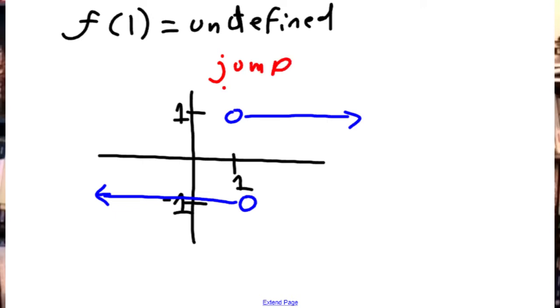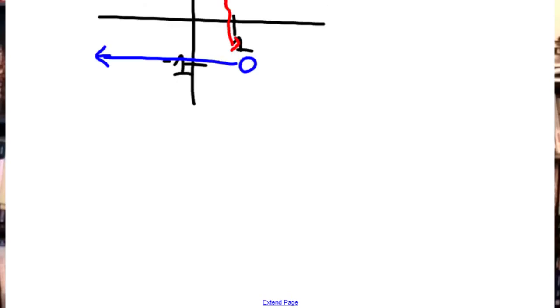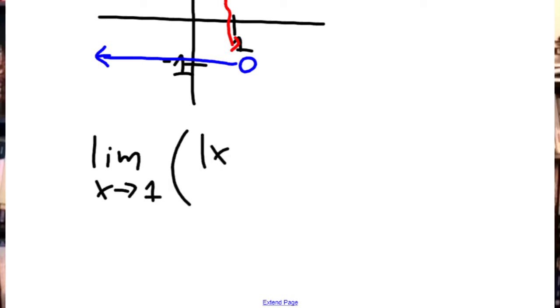That's what we call a jump discontinuity, which means the limit of this particular function does not exist. So this limit is DNE.